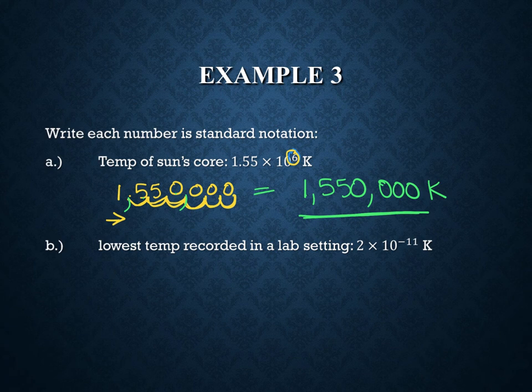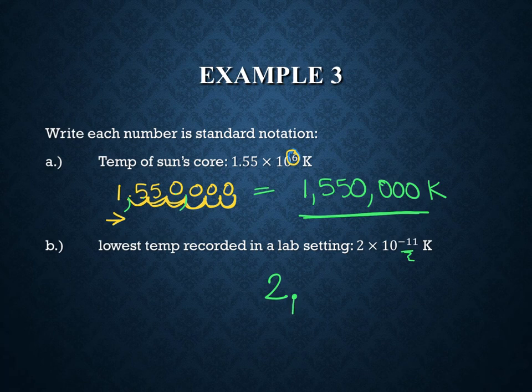Now for part B, it says the lowest temp that was recorded in the lab setting was 2 times 10 to the negative 11th Kelvin. Because I have this negative exponent, that tells me that I'm going to be moving my decimal place, which is really right here after the 2. I'm going to have to move that 11 places to make that number fall in between 0 and 1.